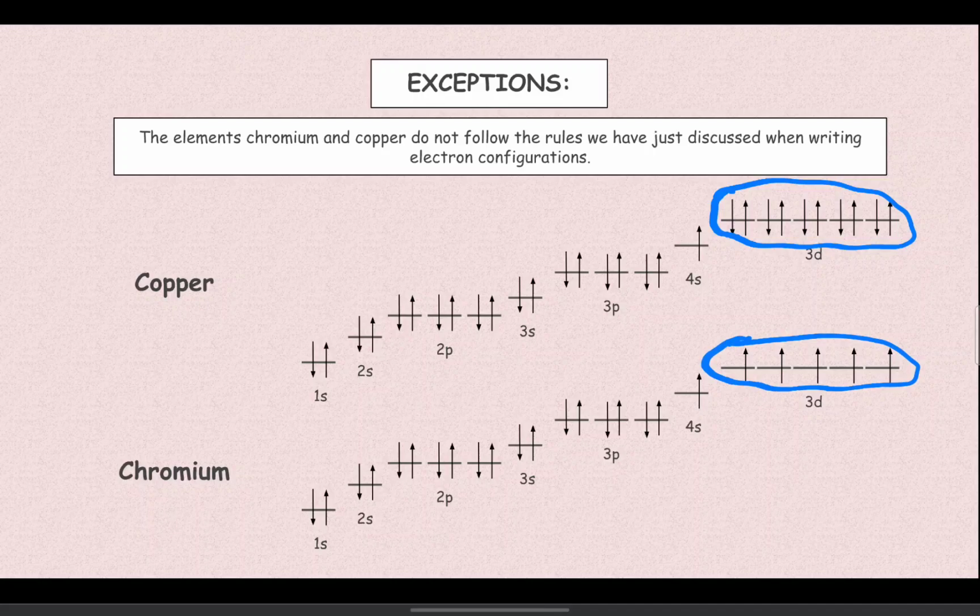So chromium has 5 3D electrons and only 1 electron in the 4s orbital, because that makes the atom more stable. And same for copper, because having a completely full 3D orbital is more stable than having a partially filled 3D orbital. They're the only 2 exceptions. Just memorize them too, in case they come up in your exam at the end of the year.